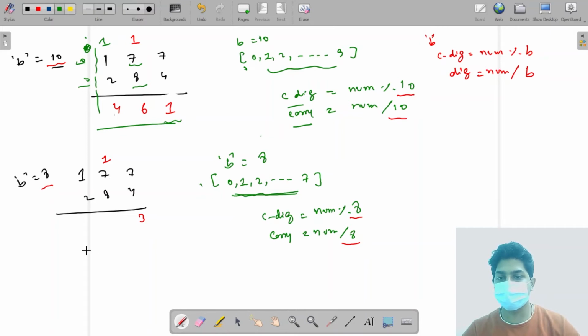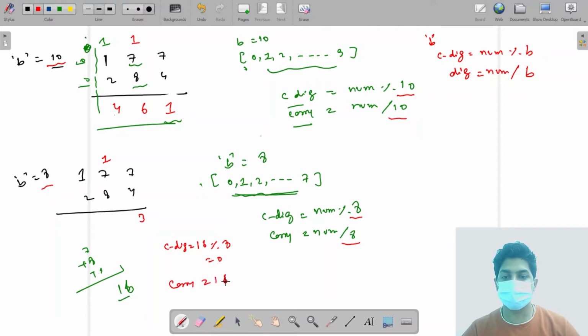When we add 7 and 8 and 1, the 1 is the carry, we are getting 16. 16 is not lying in the range 0 to 7, so the current digit will be 16 modulus 8, that is 0, and the carry will be 16 divided by 8, that is 2. So the carry will be 2 and the current digit will be 0.